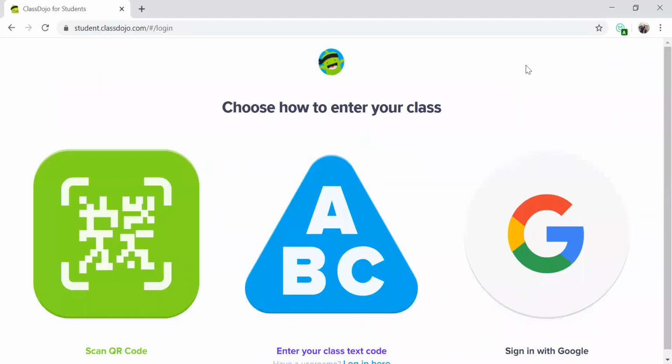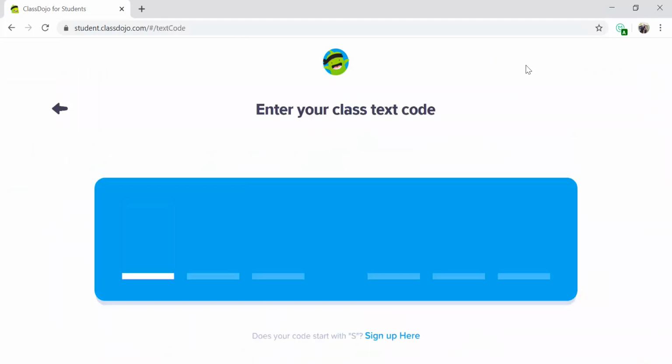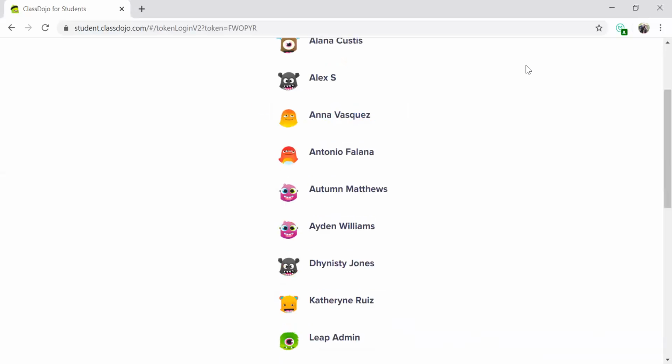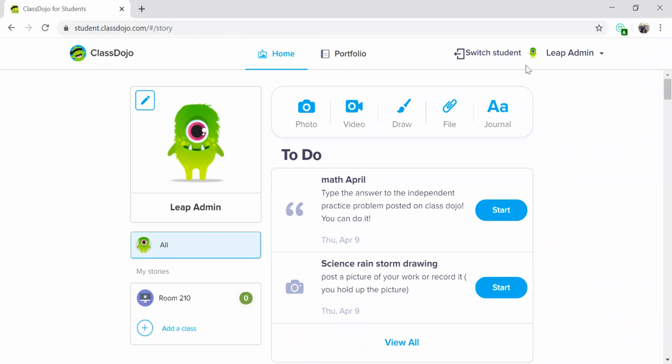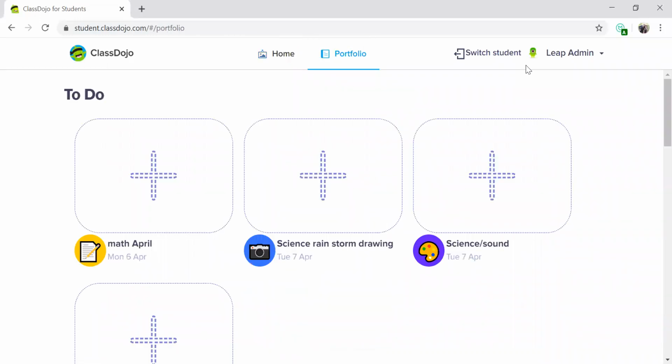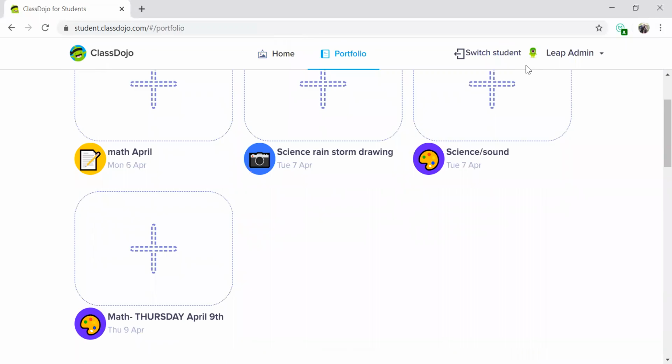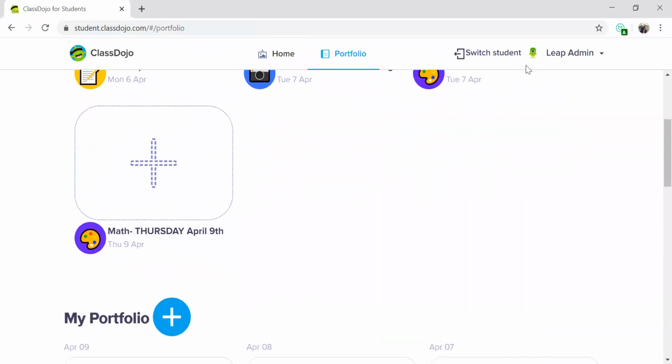I didn't save it, so I'm going to have to type in the classroom code again. If I don't know the code, I can look on the events section, or I can just text Mrs. Stevens. Find your name, real simple. Go to portfolio and look for the assignment.